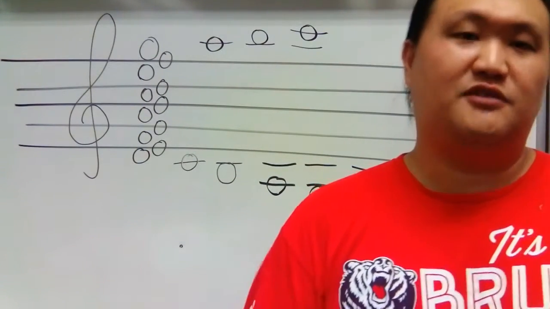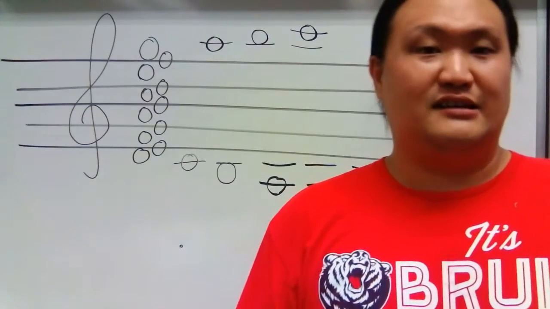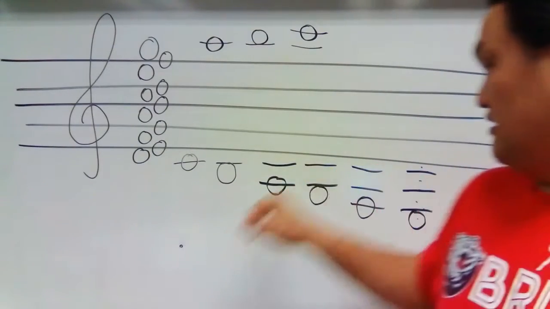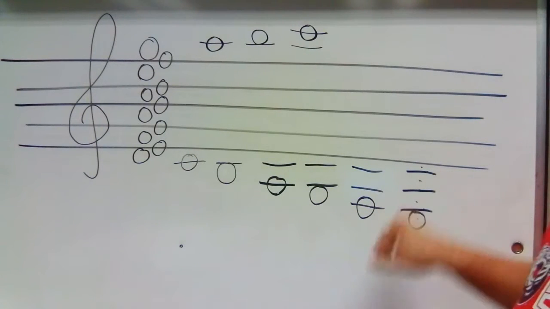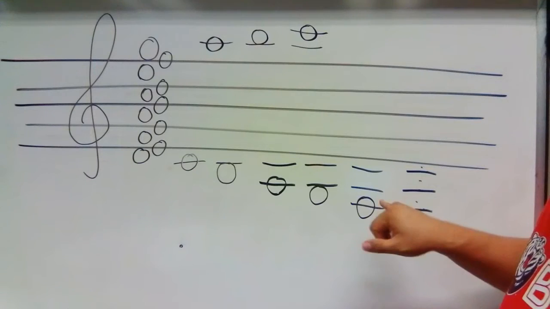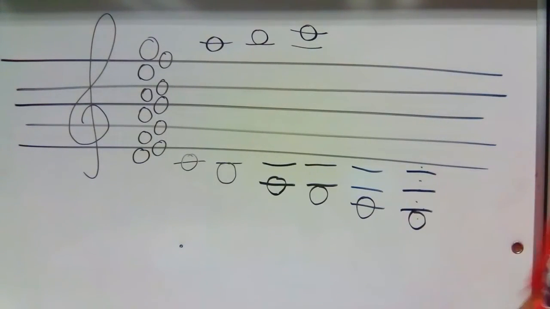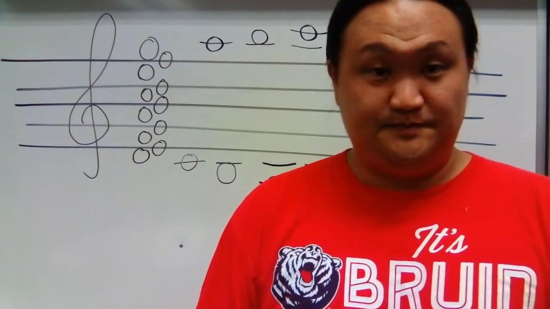So make sure you have the correct number of ledger lines, even if you are not writing any notes on them, just like these ledger lines here. Just because I don't have notes on these ledger lines, that doesn't mean they're not helpful. So we need these ledger lines. All right?